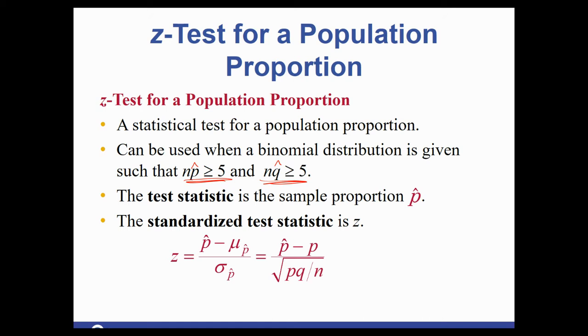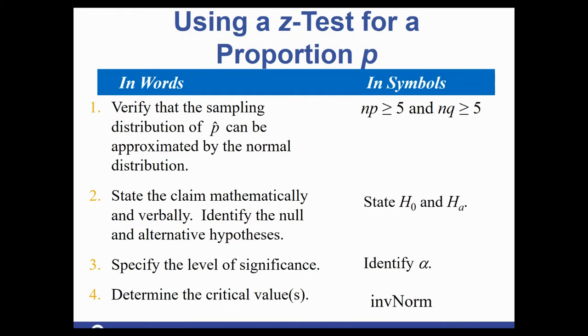So our z formula for this section is p hat minus p divided by the square root of pq over n. In order to go through those steps, again, our conditions that we have to check are that n times p and n times q are both greater than or equal to 5.